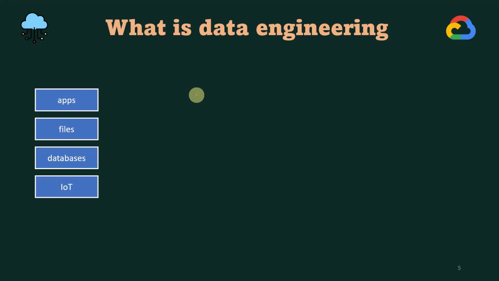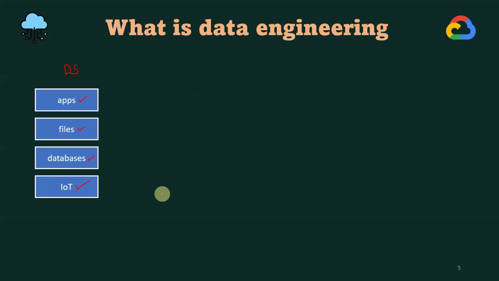So these are all the data sources. When you are working for a company, that company's data may come from applications, files, databases, or IoT and sensor devices, so you have plenty of data coming from these multiple sources.